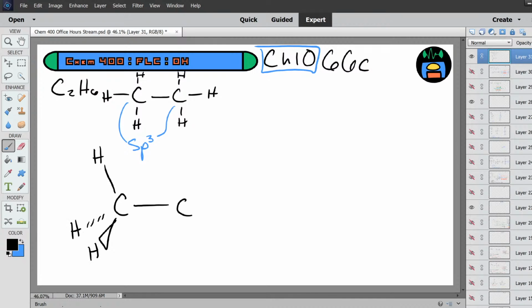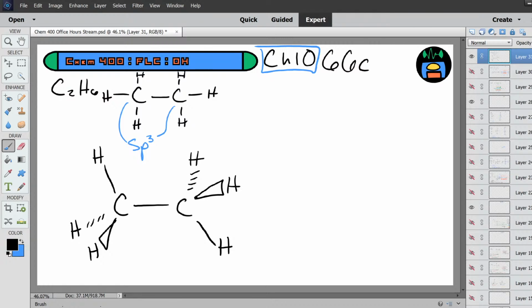The second carbon also has 2 bonds in the plane, followed by 1 wedge and 1 dash, so that is the second carbon. So this is the shape the molecule takes.